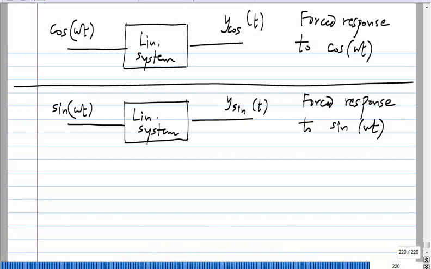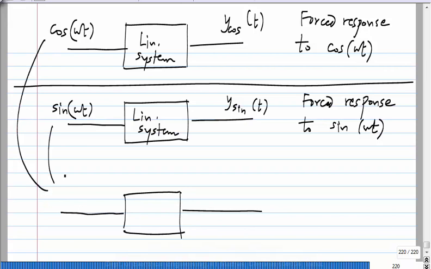So, what I do is, this is a linear system, okay. Now, I feed, let us say, cos omega t plus j sin omega t to that, okay.